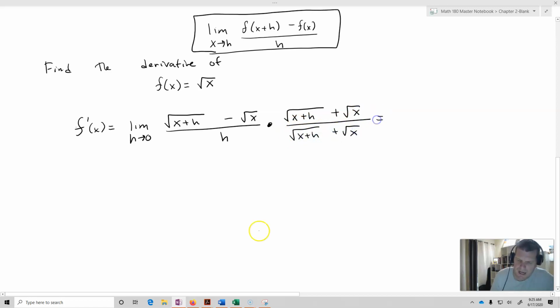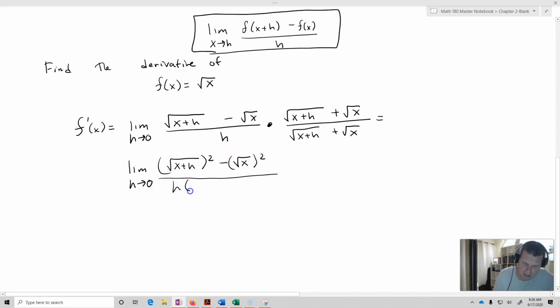This will then equal the limit as h approaches 0 of, and we've got a difference of squares here, so it's going to be the square root of x plus h squared minus the square root of x squared, divided by h times the square root of x plus h plus the square root of x.